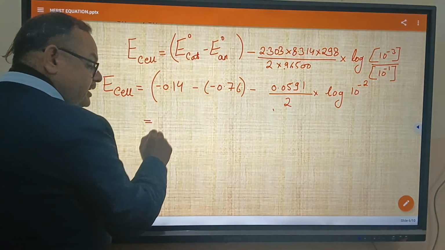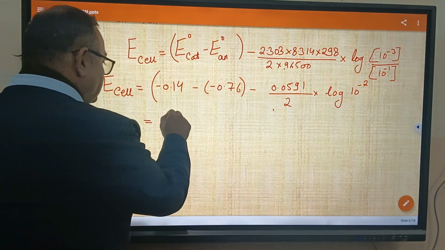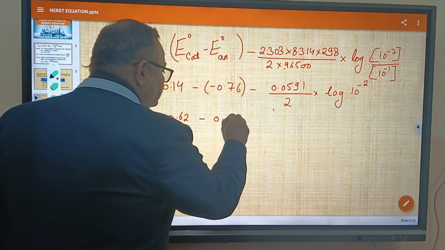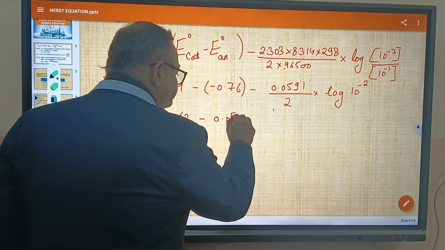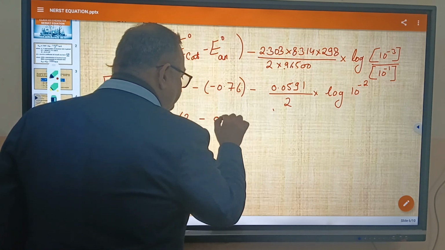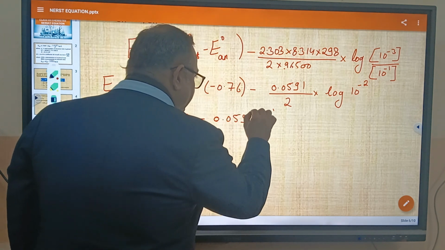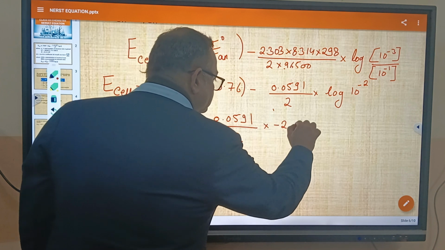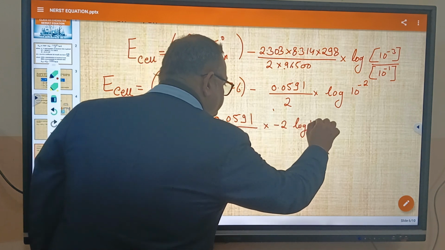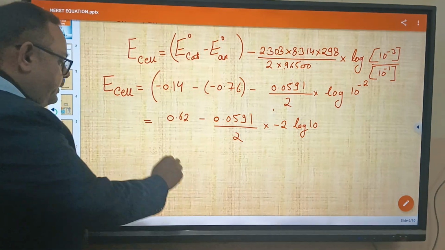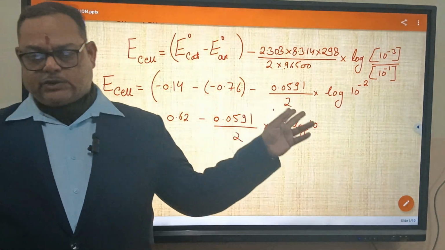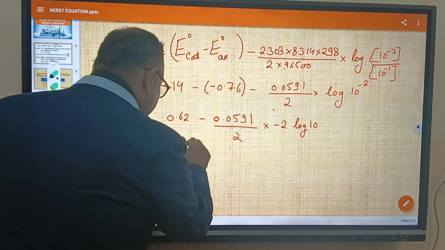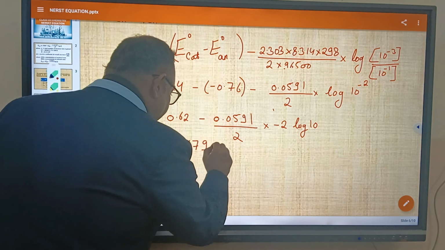Now, further, this comes out as 0.62 minus 0.05 minus 0.0591 upon 2 multiplied by minus 2 log 10. Now, we very well know that log 10 is 1. On further solving this, we get the answer as 0.679 volt.